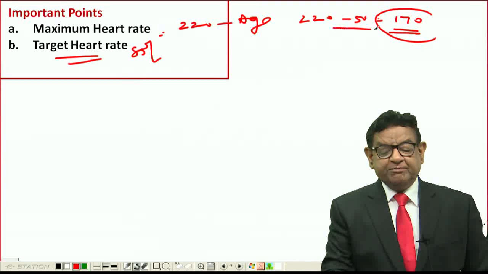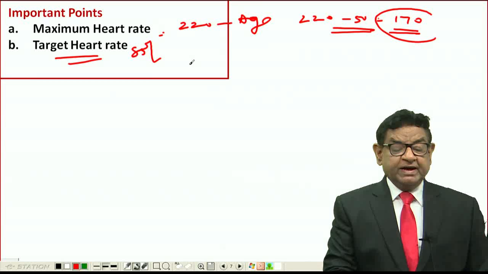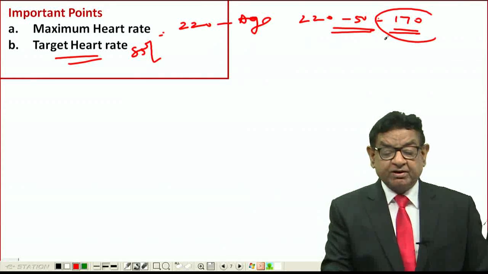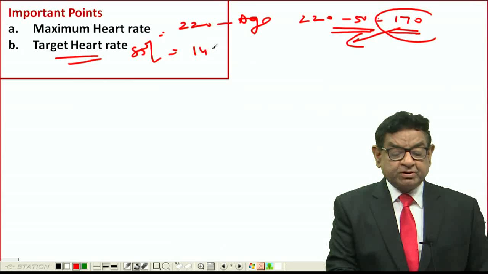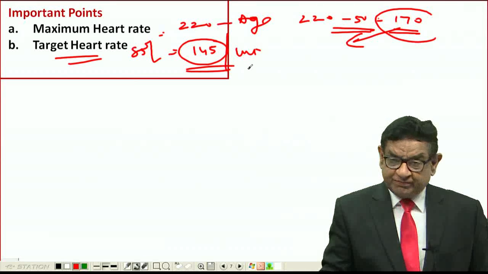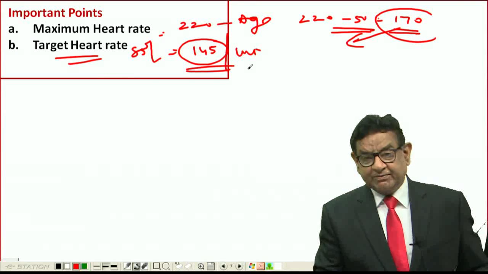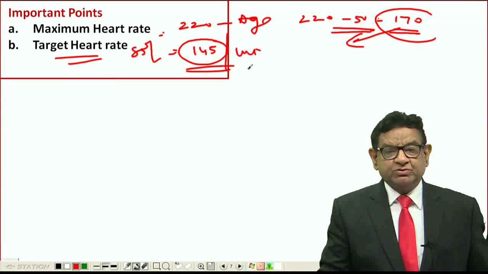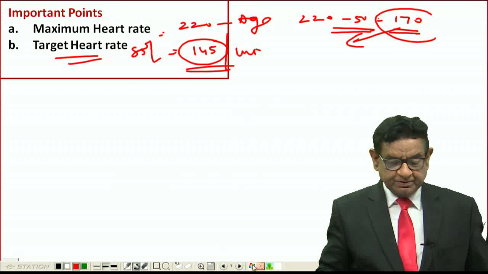For example, for a patient of 50 years whose maximum heart rate is 170, the target heart rate of 85% of 170 comes out to be approximately 145 per minute. Up to target heart rate the patient can do exercise if he can run. That means during that time we may or may not get findings. So we say target heart rate is achieved, right?